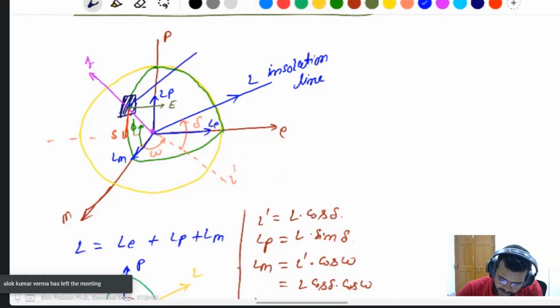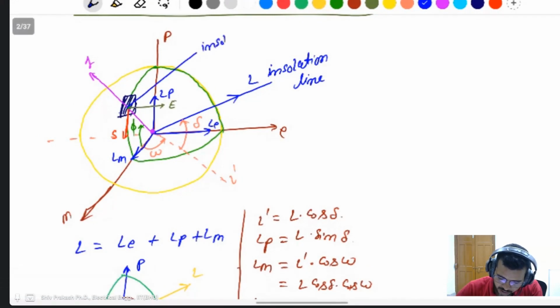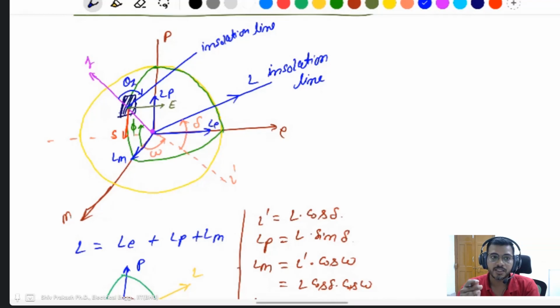This will be the insolation line. The angle from the zenith axis to the insolation line is known as the zenith angle, theta z.